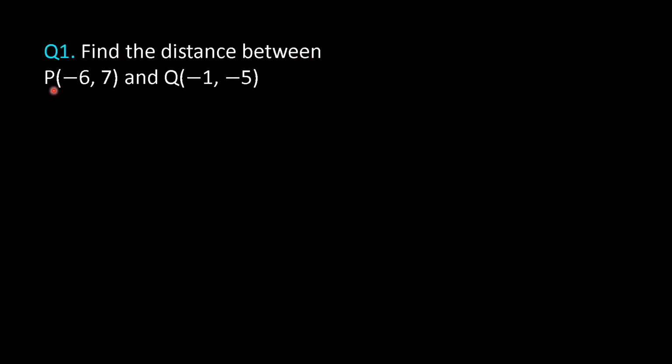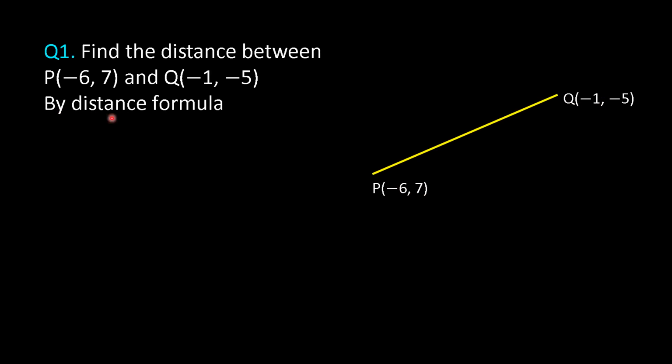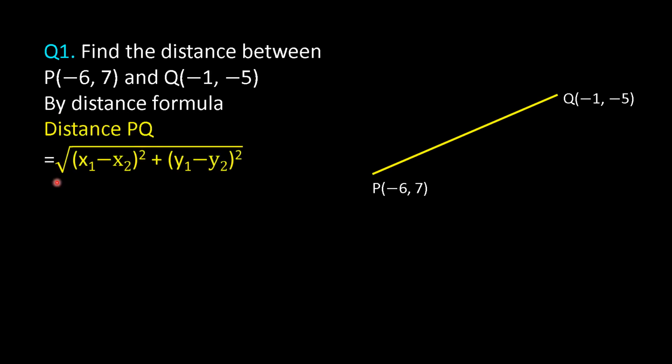In the first question, we have to find the distance between P(minus 6, 7) and Q(minus 1, minus 5). By distance formula, we have distance PQ equals under root (x1 minus x2) whole square plus (y1 minus y2) whole square.